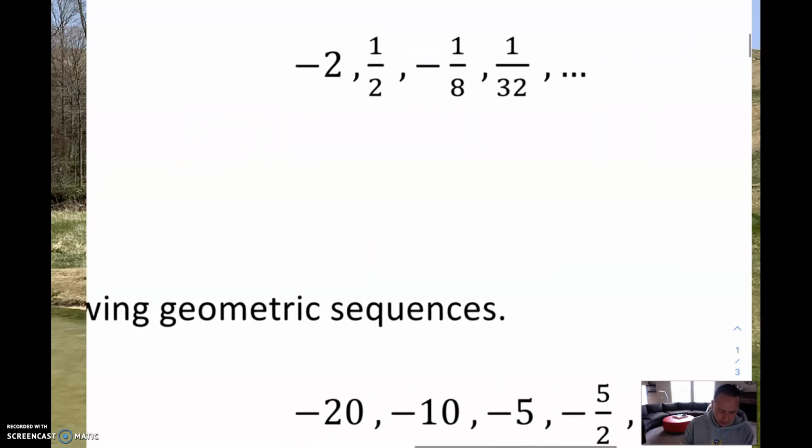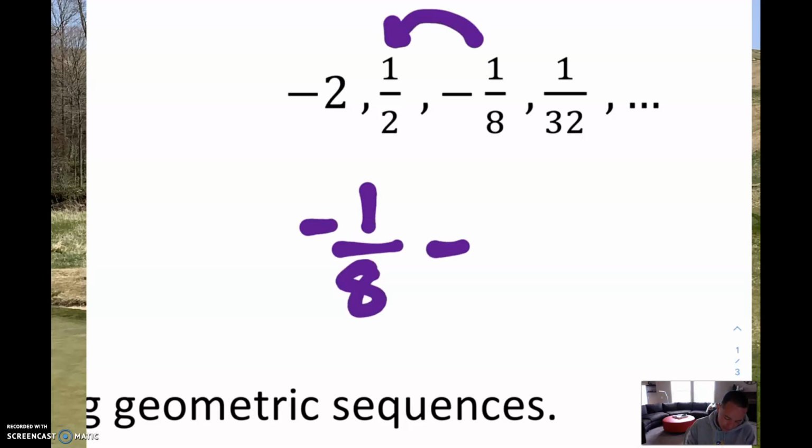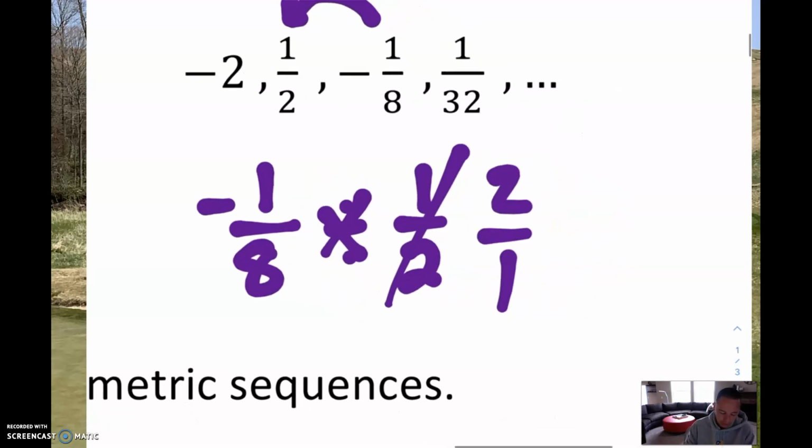This one becomes a little more difficult. We have -2 to 1/2 to -1/8 to 1/32. Maybe you're recognizing what it's multiplying by. Let's figure out how we could do this. We could take any 2 terms. I'm going to take -1/8 and divide it by 1/2. Now, anytime you're dividing by a fraction, you can change it to multiply by the reciprocal, 2/1.